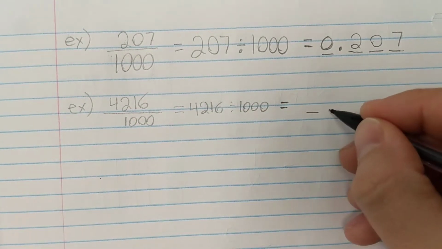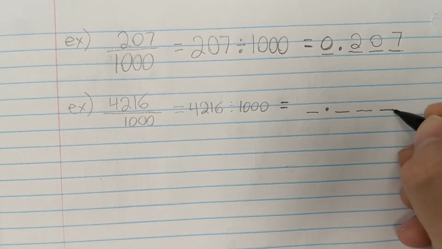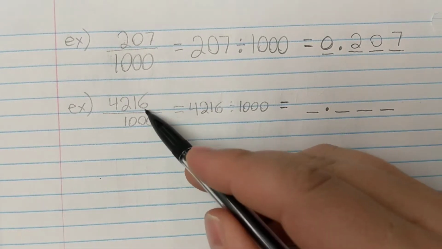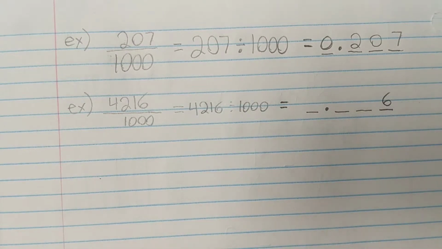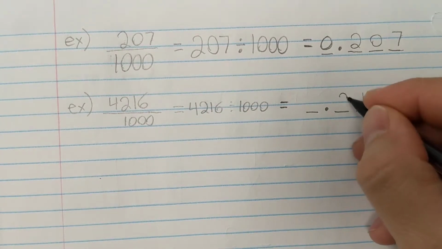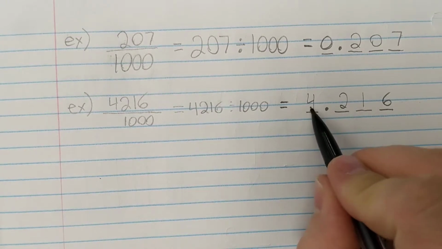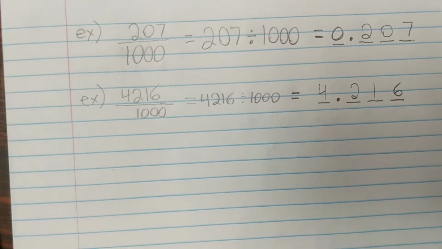So you've got your units, decimal, tenths, hundredths, thousandths. Thousandths is still going to have that first digit there, 6. And then you just fill them in, 1, 2, 4. The order of the digits should still be the same left to right as it was in the fraction.